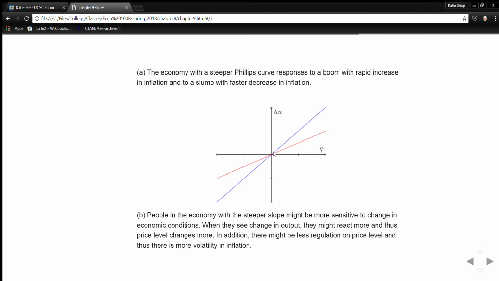So they would decrease their consumption now, which will lead to a decrease in demand, which will push down the prices more. So in a case where people are very sensitive to changing economic conditions, which is like the blue line here, they will react a lot more. In the example that I just mentioned, they will cut back their consumption a lot more, which will result in a greater change in inflation.